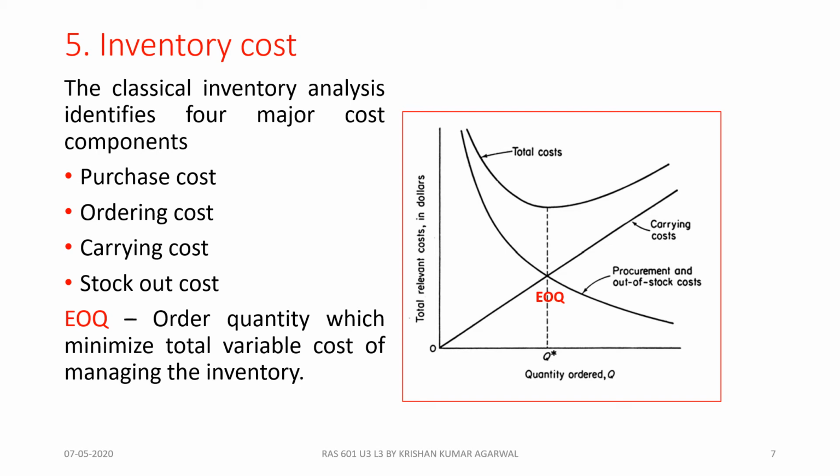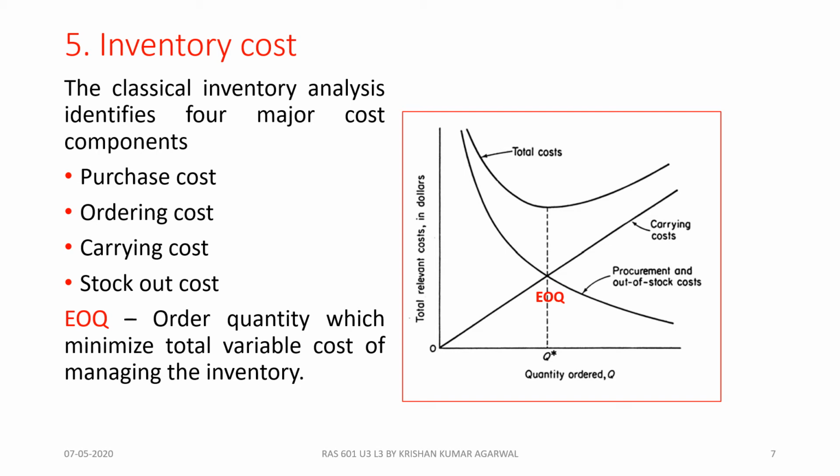And this is the purchase cost or unit cost of inventory. Another type of cost is ordering cost, as I said, ordering cost is also known as the procurement cost.